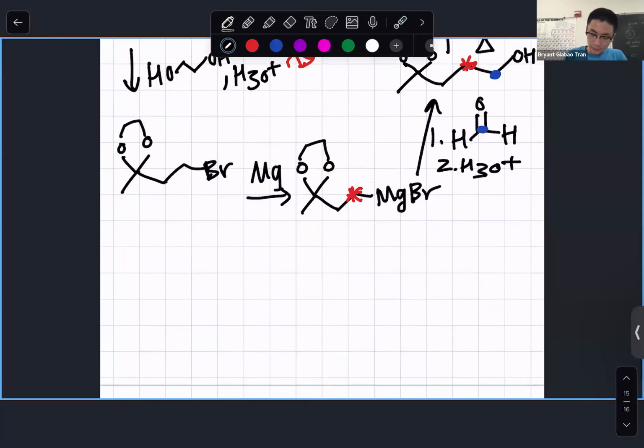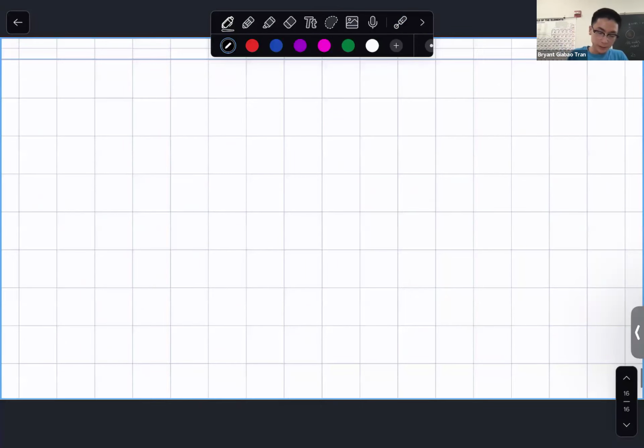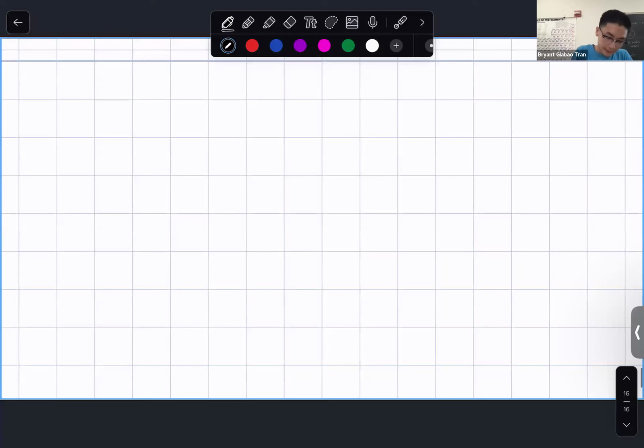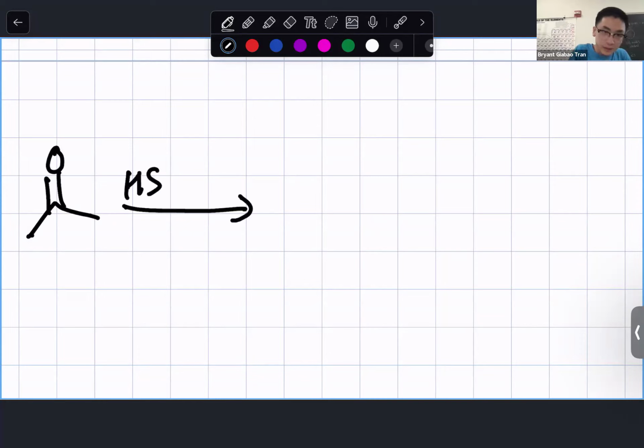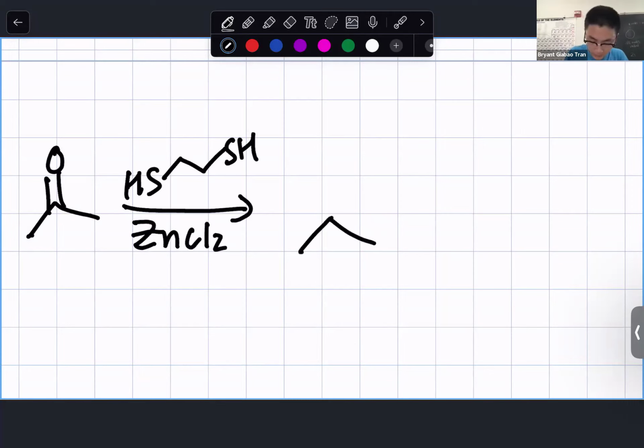Now there is another protecting group for carbonyls, but you don't need to know the mechanism for this. Let's say we have this carbonyl here, and you see this kind of reagent, HS, CH2, CH2, SH, and then zinc chloride. It's going to give a similar protecting group, but instead of oxygen, it's going to be sulfur, right?